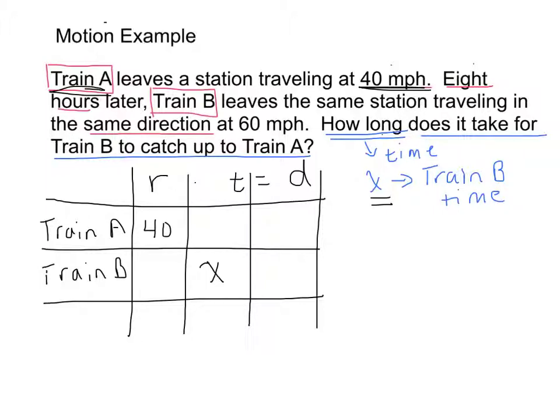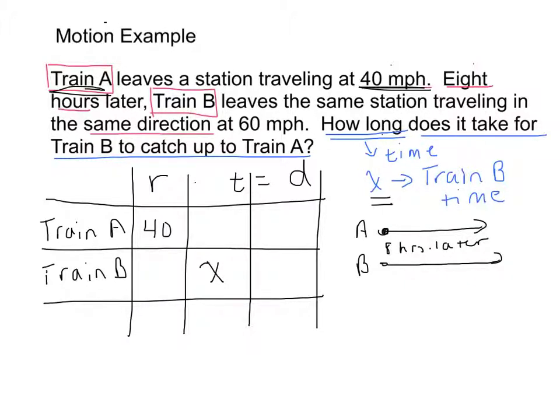So that means train A, when it starts, now let's think about that. Train A is traveling in the same direction as train B. But train B leaves 8 hours later. So how can I represent that?